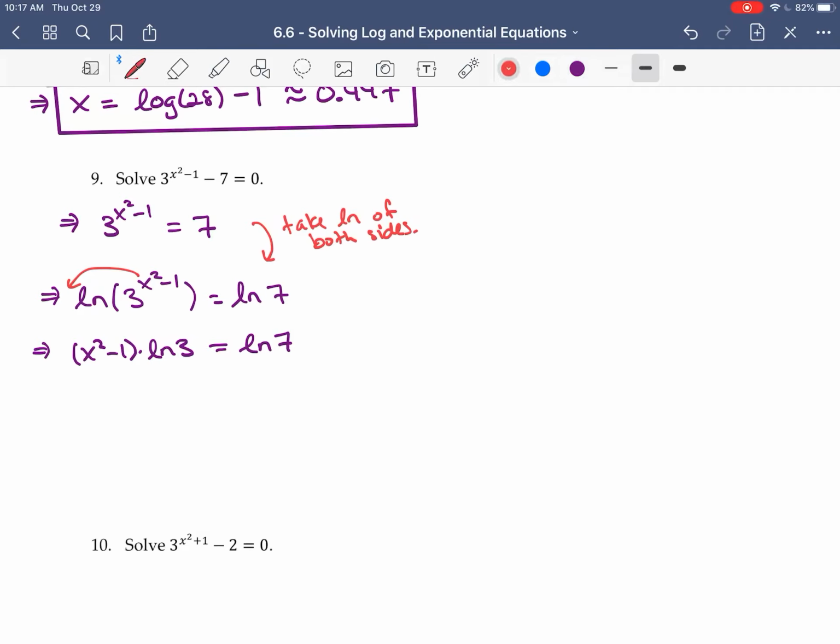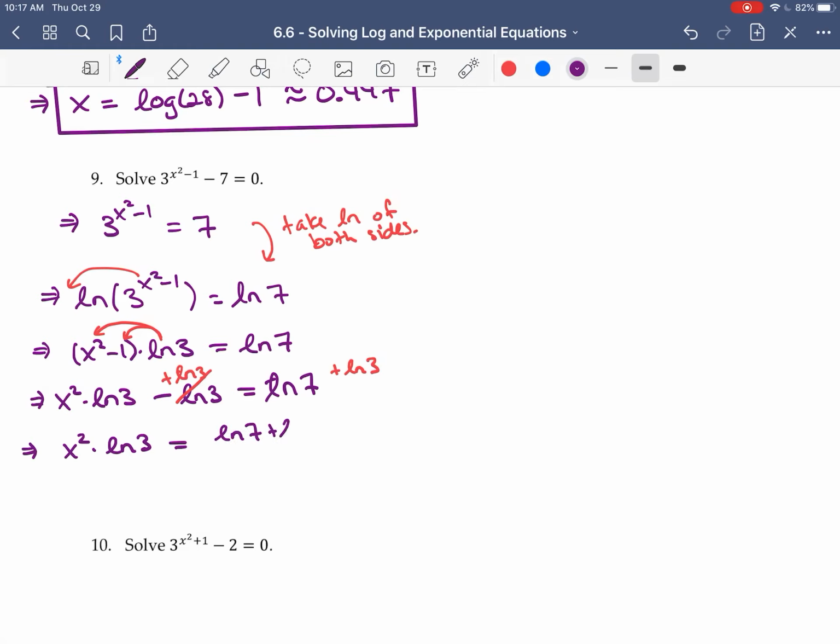And then I can expand the ln 3 through. So that's x squared times ln 3 minus ln 3 is equal to ln 7. Add the ln 3 to both sides because there's no x in that term. So I get x squared times ln 3 is equal to ln 7 plus ln 3.